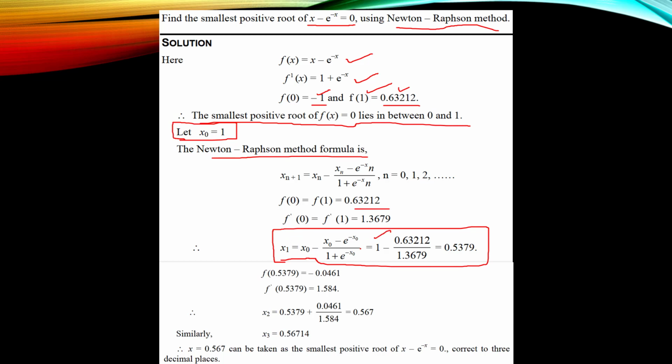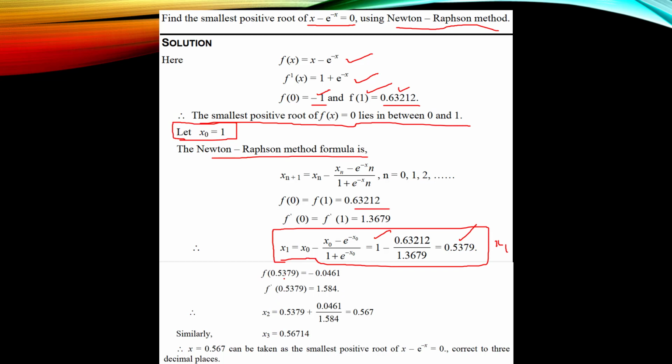So 1 minus e power minus x0, you will get 0.5379 as the new x1 value. So we got a difference of almost 0.1 approximately. This is the h value. Again we will restart with the new value 0.5379.